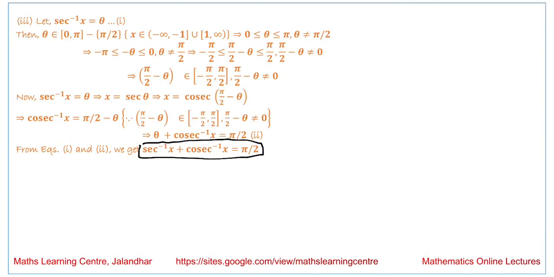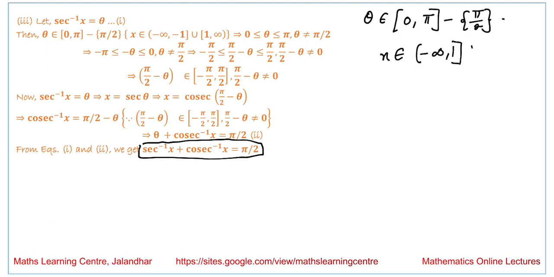So to prove this result, we are considering that theta belongs to the interval 0 to pi minus pi by 2 when x belongs to the interval minus infinity to minus 1 union 1 to infinity. So what we get from this result is that 0 is less than theta is less than or equal to pi, and theta is not equal to pi by 2.